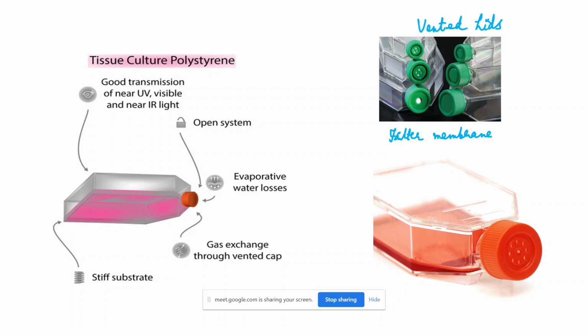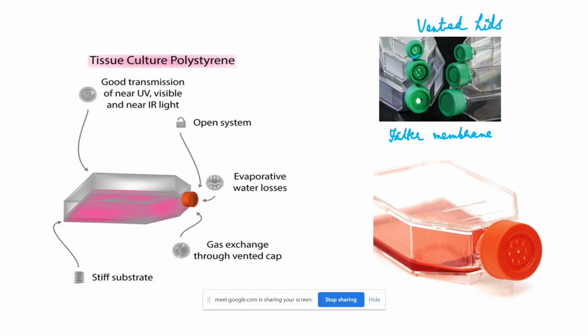Even if you close your lid tightly, these filter membranes allow gaseous exchange, and they will filter out any kind of contamination. If it is a 0.22 micron filter, then it can filter out bacteria and things like that. This is to ensure proper gaseous exchange, proper CO2 exchange.